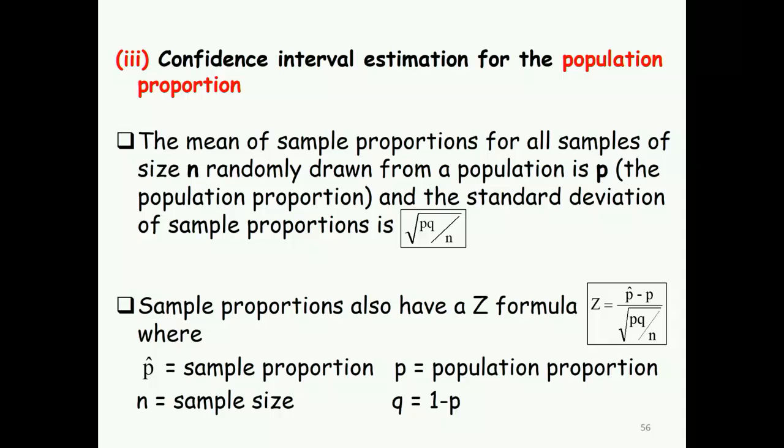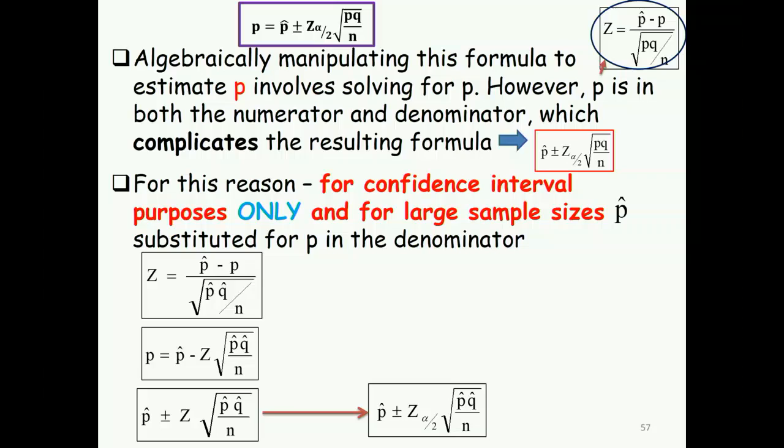So this is the formula. I want to find this calculation, P. But when I try to calculate this P, the same thing as in the previous case, it becomes like this. If I want to know this one, at the same time it is here, so it is difficult to calculate. You have an unknown here and an unknown here, isn't it? You want to calculate P, the population proportion.